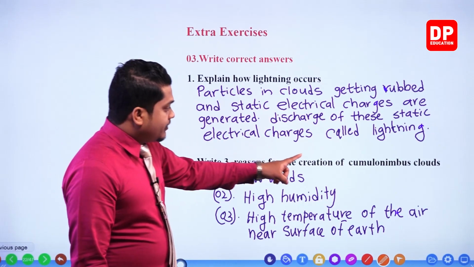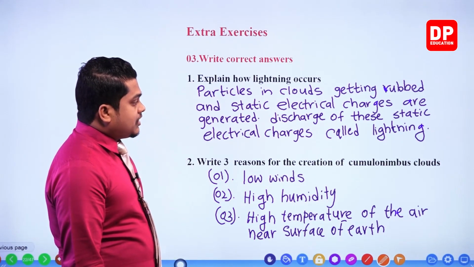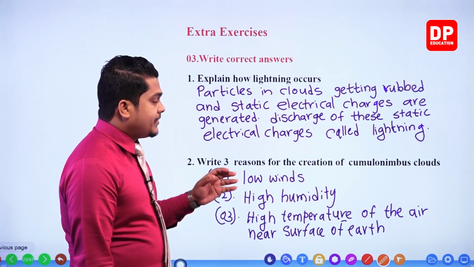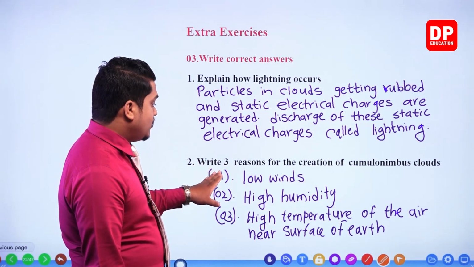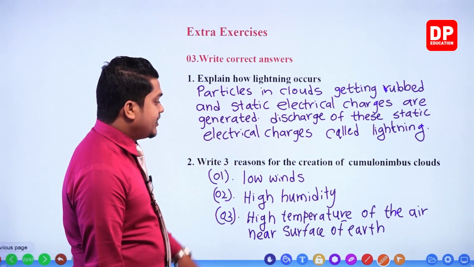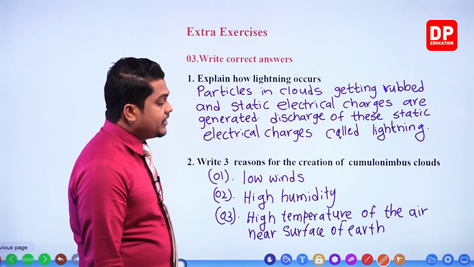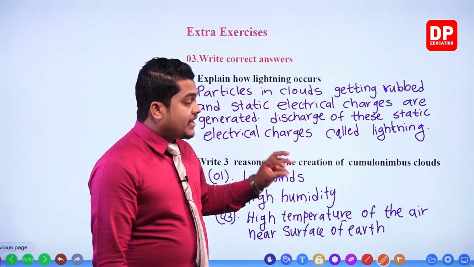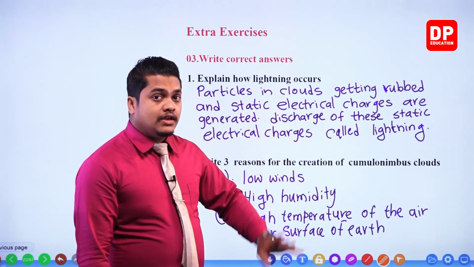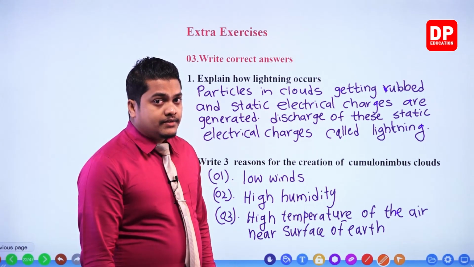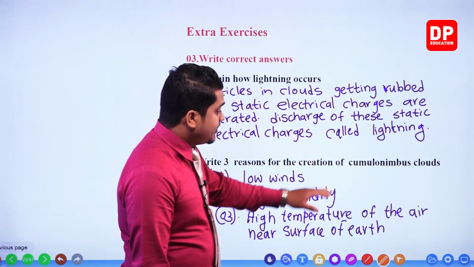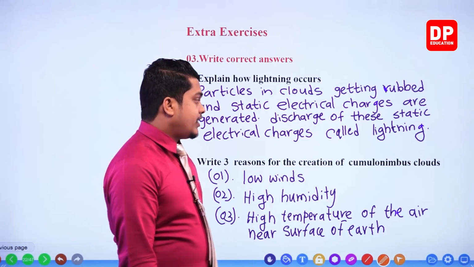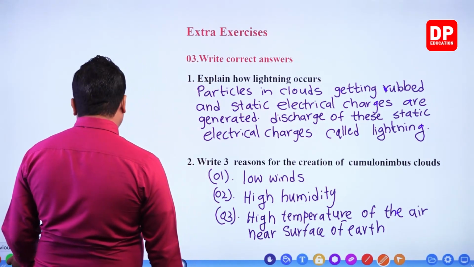Because of the cumulonimbus clouds, we know that lightning is going to occur. Cumulonimbus clouds mainly occur because of low winds, high humidity and high temperature of the air near the surface of the earth. So these 3 conditions are heavily available within the inter-monsoonal time period. So it will create cumulonimbus clouds. Okay, right. So let's write down the answer.